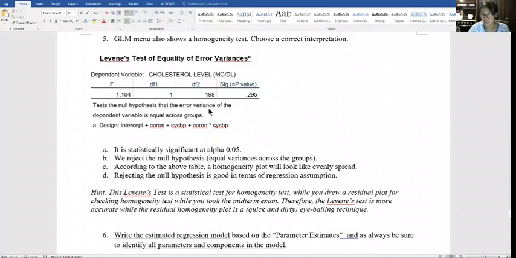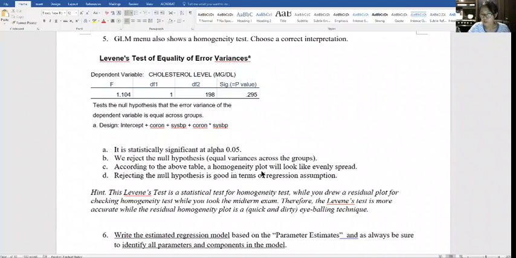All right. But still, technically speaking, is this statistically significant? No? This is higher than 0.05, so it's not statistically significant. Is this rejecting the null hypothesis? No, we fail to reject the null hypothesis, right? Which is desirable.